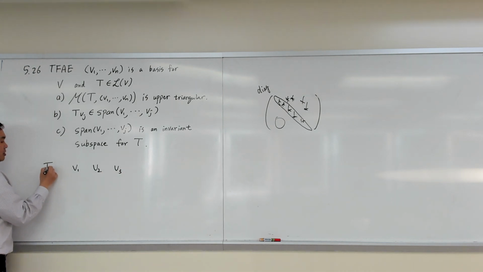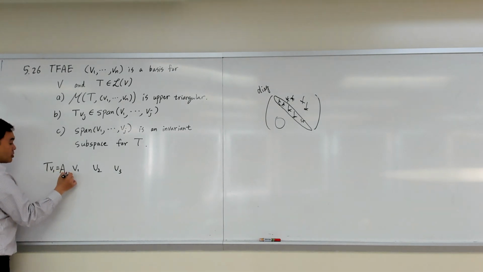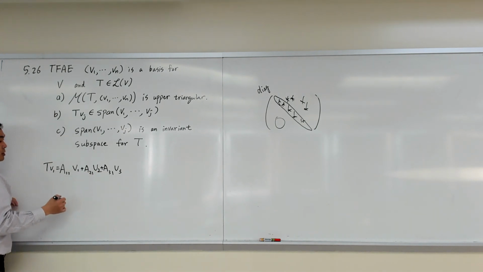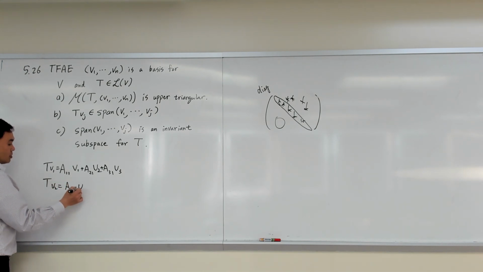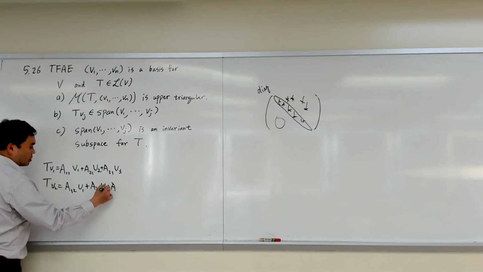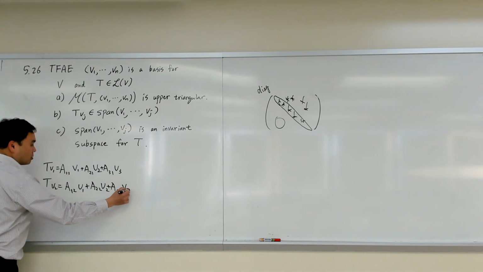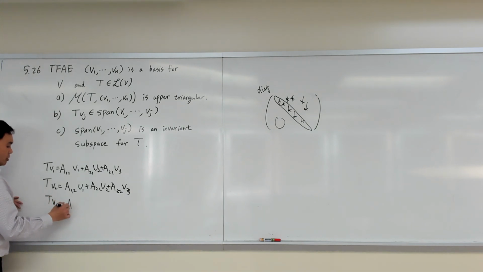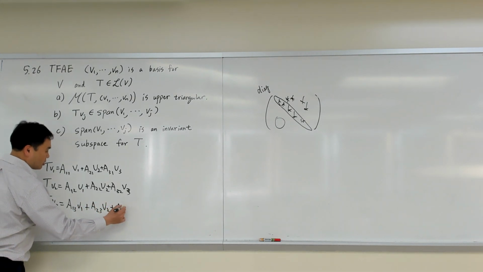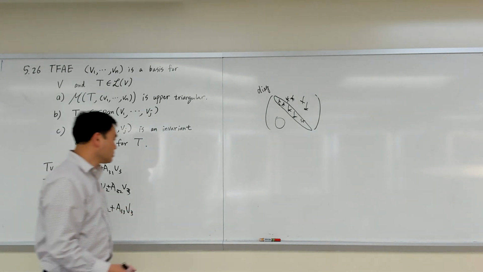and let's say T of v1 is a11 v1 plus a21 v2 plus a31 v3, and then T of v2 is a12 v1 plus a22 v2 plus a32 v3, and T of v3 is a13 v1 plus a23 v2 plus a33 v3.